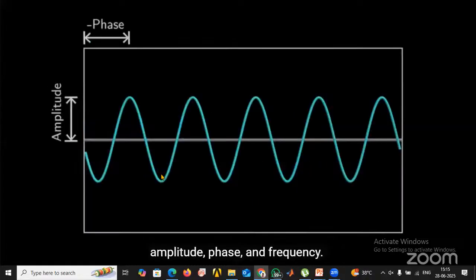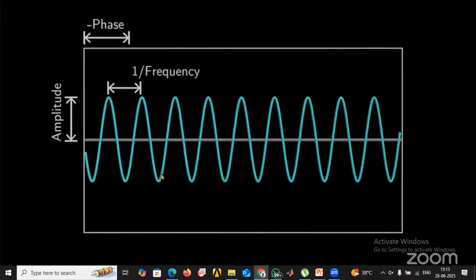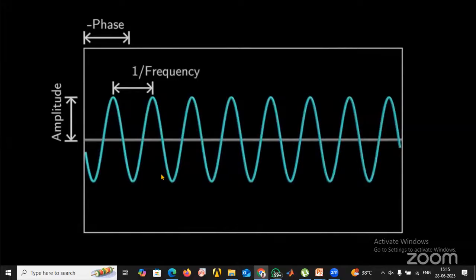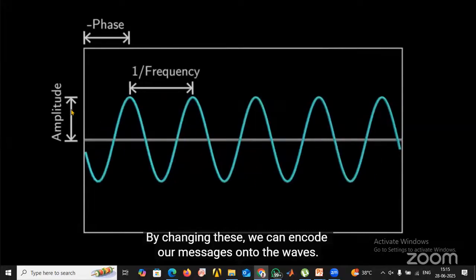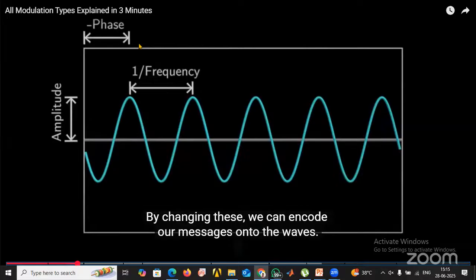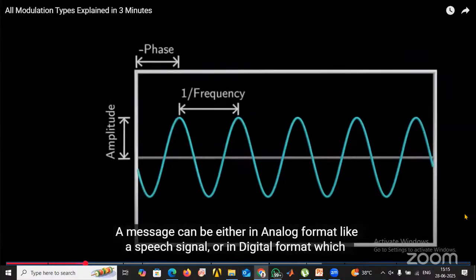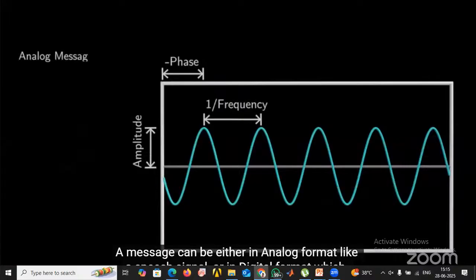This animated video might be helpful for you to understand modulation schemes. This is frequency, this is amplitude, and this is phase. Suppose an analog message will be like this.